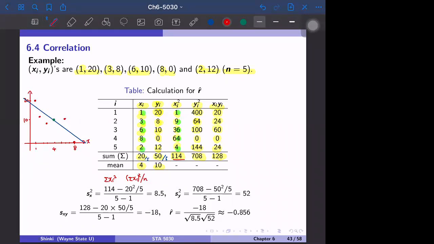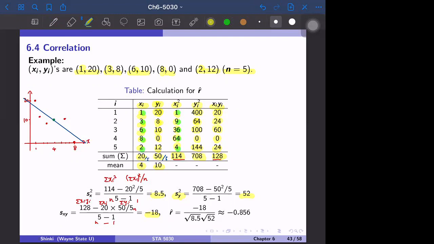Then divide by n minus 1, which is 5 minus 1, and we get 8.5. For s sub y square we do the same thing for y, and we get 52. For s sub xy, we have the summation of xi yi, which is 128 here, minus the summation of xi times the summation of yi divided by n, then divided by n minus 1, and we get 18.